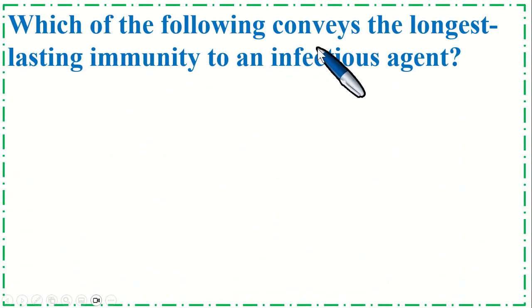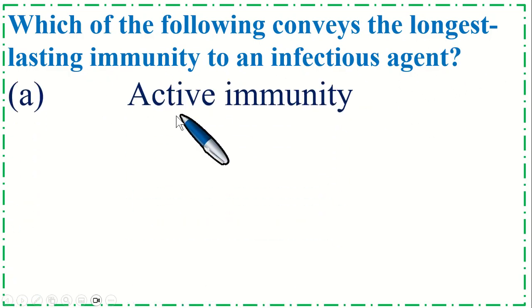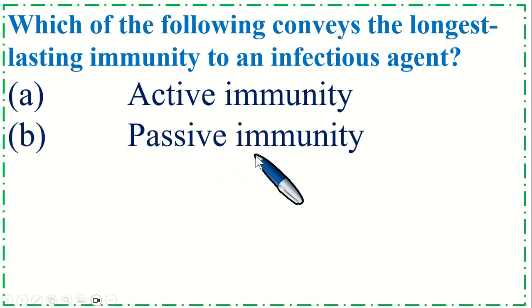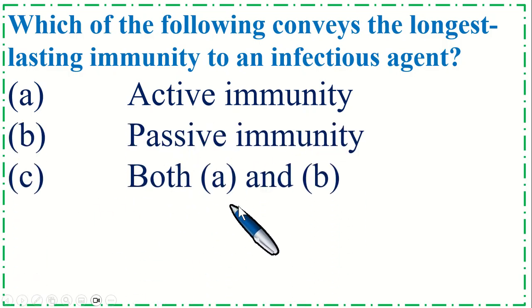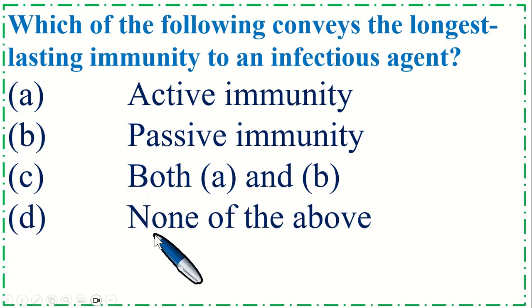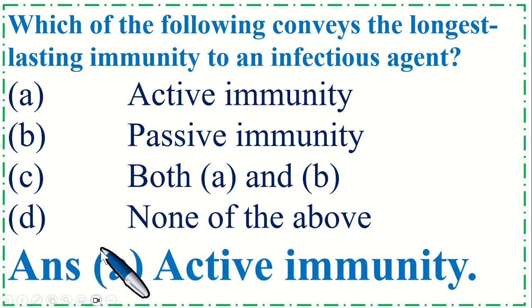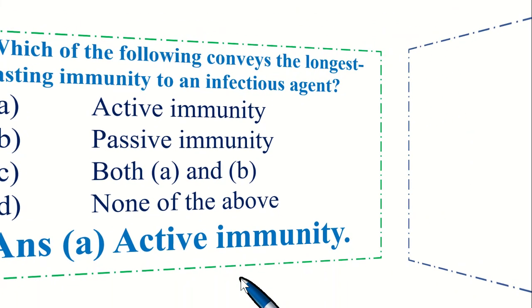Which of the following conveys the longest lasting immunity to an infectious agent? Option A, active immunity, B, passive immunity, C, both A and B, and option D, none of the above. So the correct option is A, active immunity.